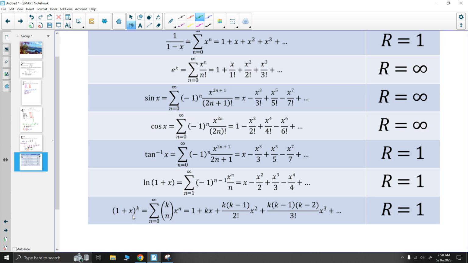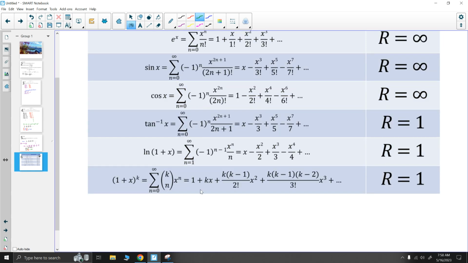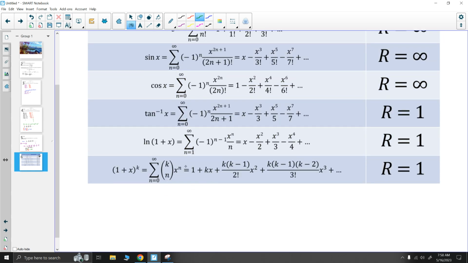Then we have the binomial series. We describe k choose n here basically as follows. In our first one it's just k. The next one, when n is 2, we have k times k minus 1.